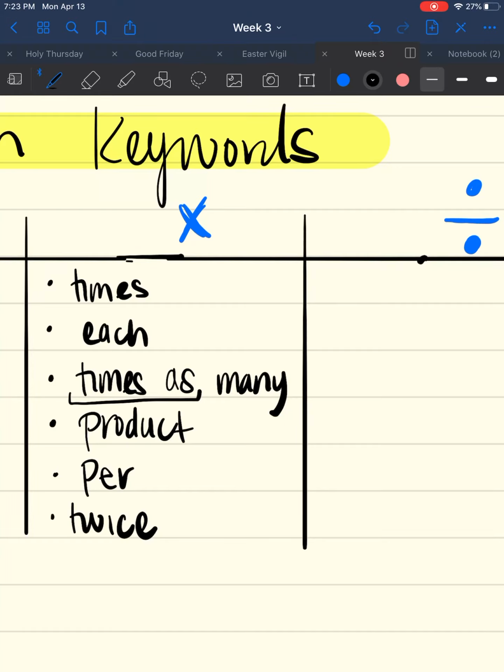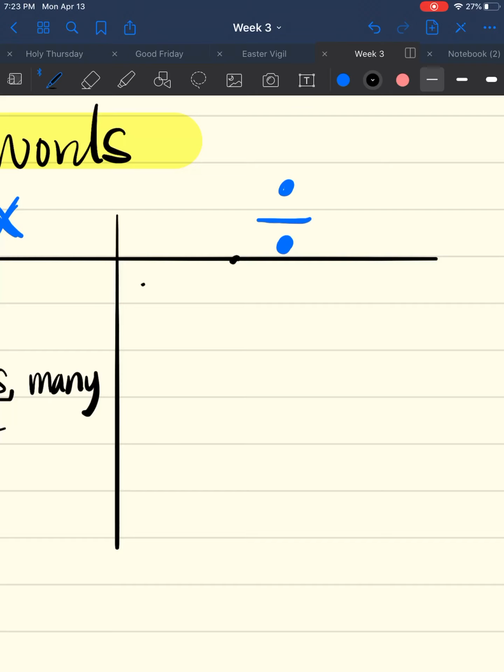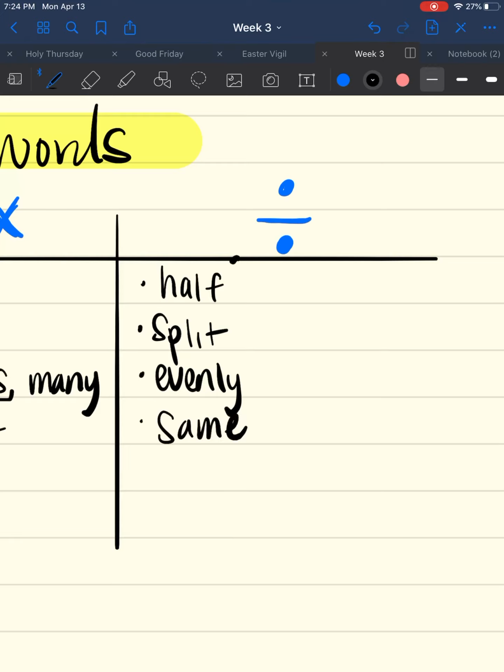Now let's look at division. For some division ones, you might see half, split evenly. So remember, division is every single thing gets an equal amount. You might also see the words the same, shared equally. These are just ways that we represent division.